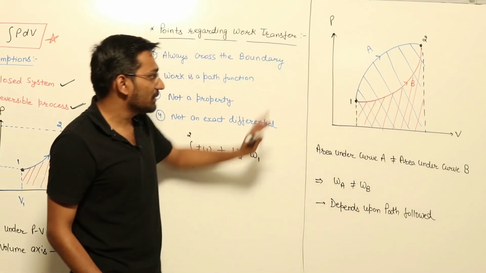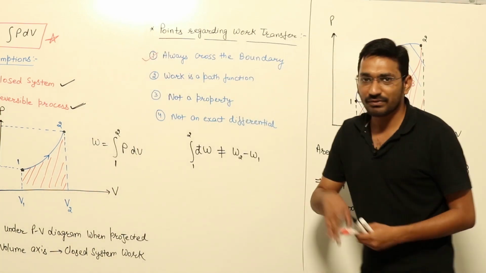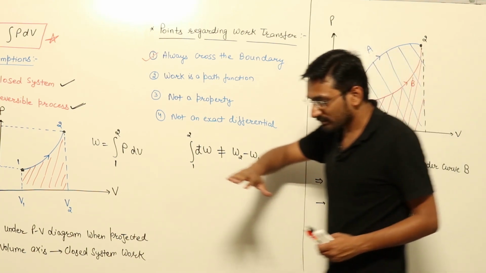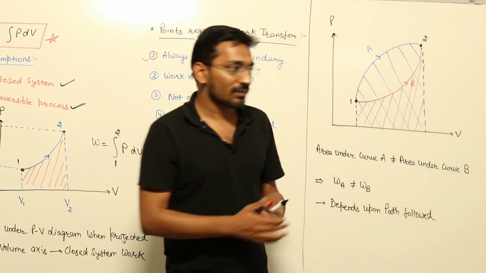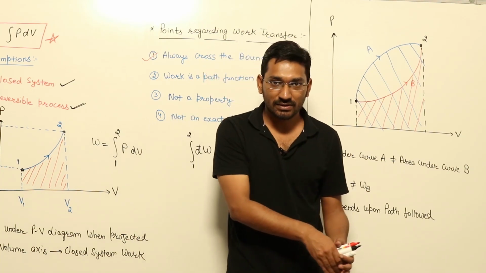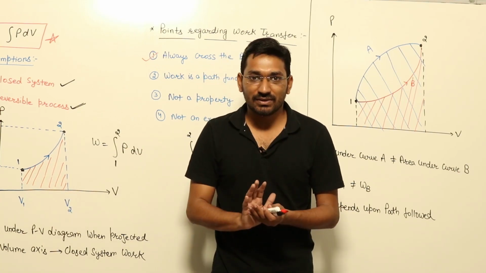As we see from the diagram, both of the areas are not equal. So we can say that the work done by a process depends upon the path taken by that process. As the path changes, the work transfer will change.